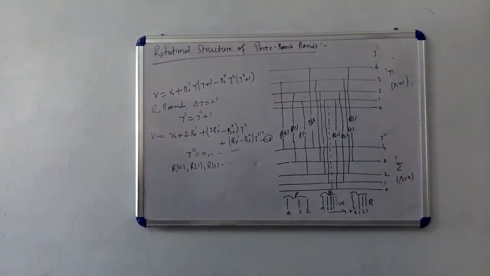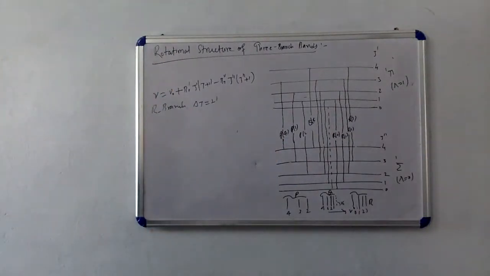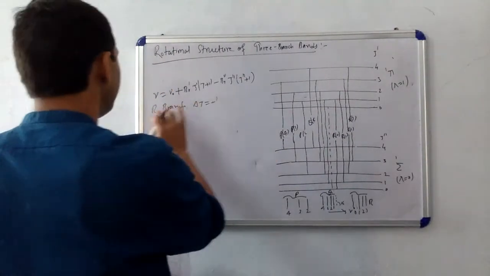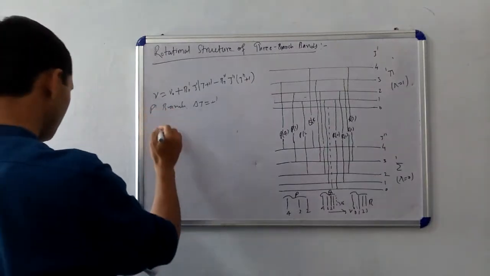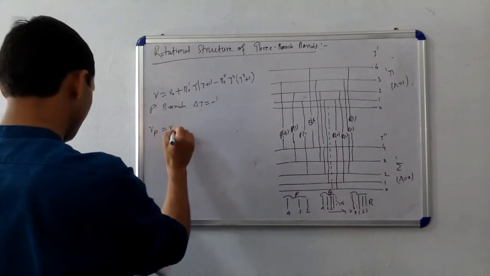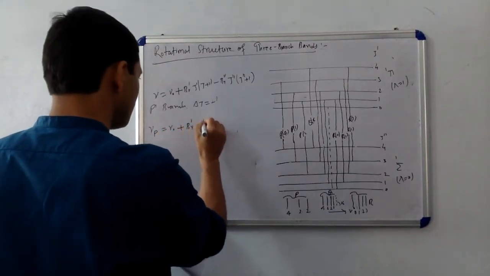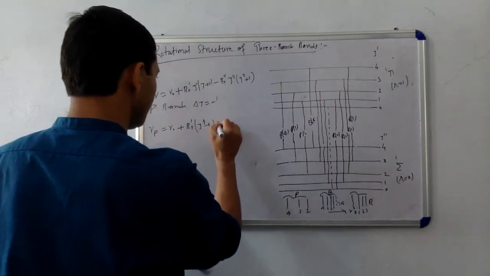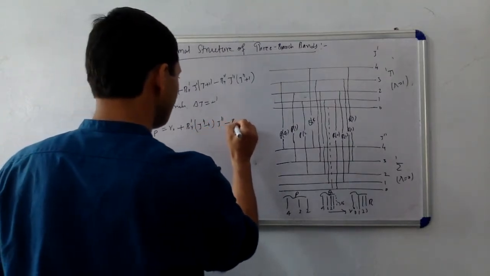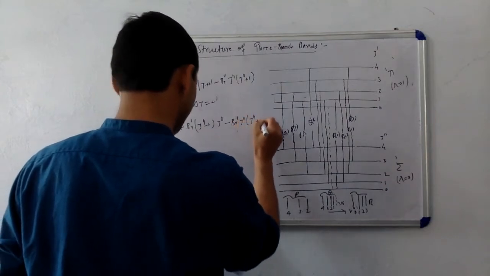Now for the P branch, the similar equation we will be getting. This minus 1 now for the P branch. For the P branch, simply nu of P is equal to nu naught plus B of nu prime, Z double prime minus Z double prime minus B of nu double prime, Z double prime of Z double prime plus 1.